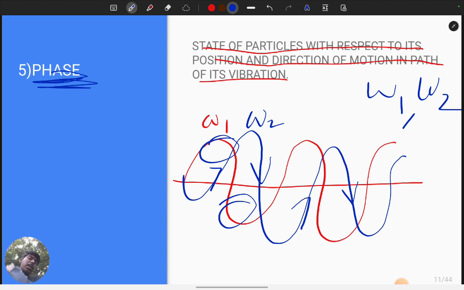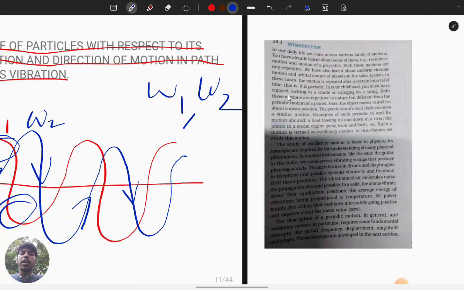So based on this position and based on the direction of motion in path of its vibration, means here vibration is taking place now, so we say that motion is in the path of its vibration. To compare two waves we use the term phase. Okay, so later we will be discussing about phase difference also. So these are 5 fundamental concepts. Let's move on to next slide.